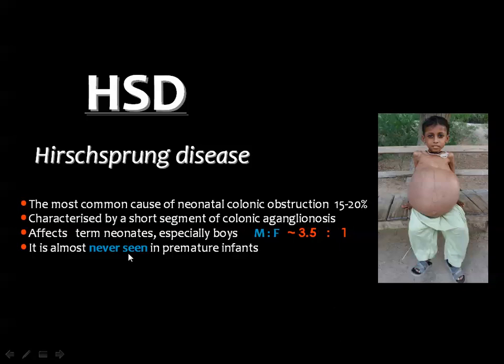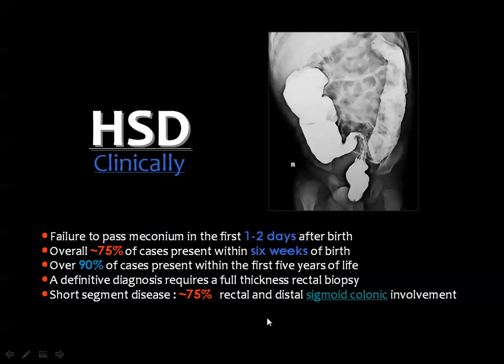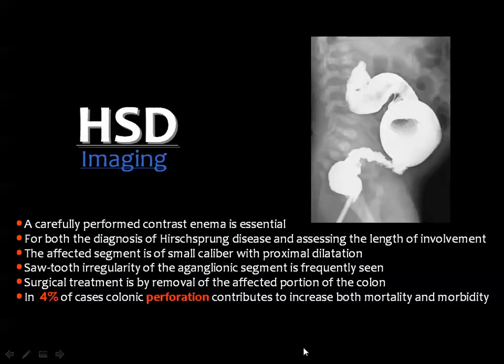This disease is almost never seen in premature infants. Here you see by barium enema a narrowed segment at the rectosigmoid junction with distension of most of the colon proximal to this narrowed segment. The short segment is located at the rectosigmoid junction in about 75% of the cases.